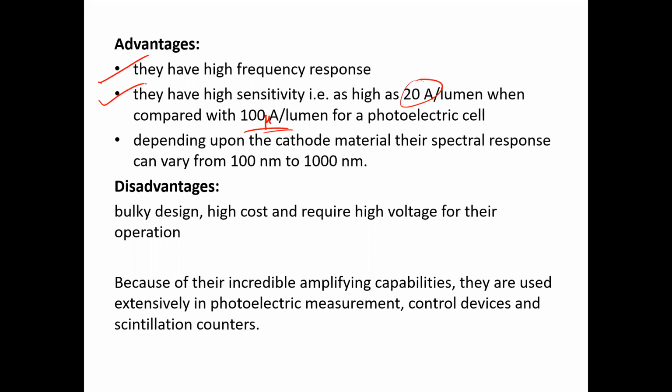Depending upon the cathode material, the photoemissive semiconductor material that is used in the cathode, the spectral response may vary. It may vary from 100 nanometers to 1000 nanometers, giving you a wide range of operating wavelengths.